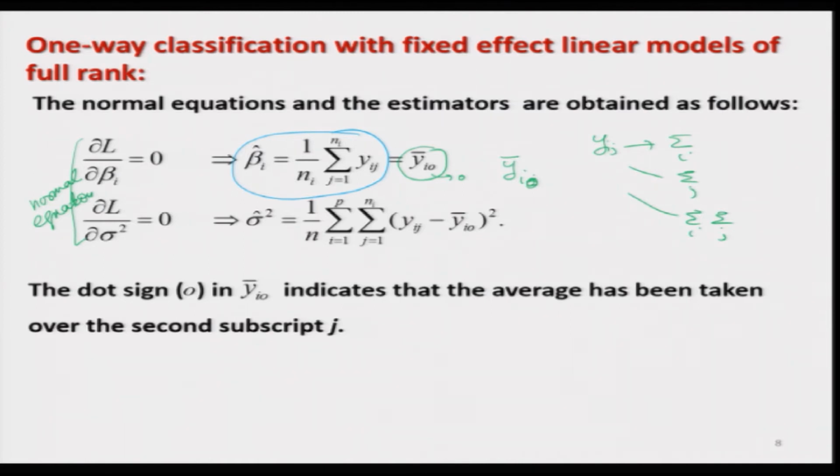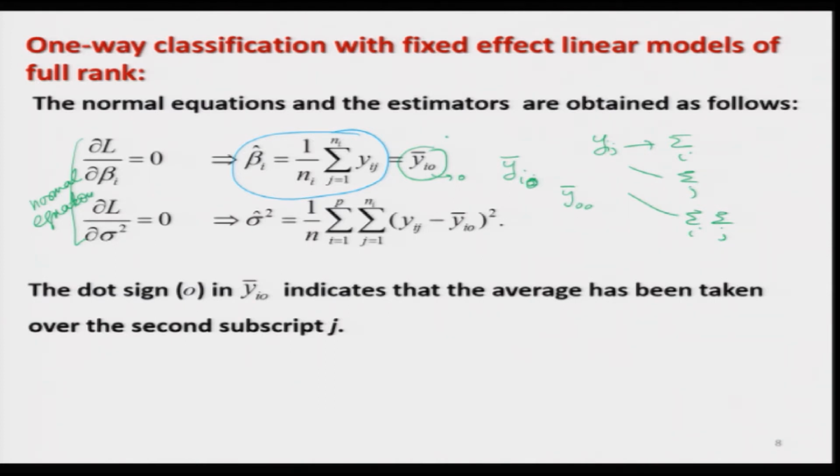Similarly, if I try to take the summation over both I and j, then this will become y bar double naught, meaning that the average has been taken over both the subscripts I and j. So, this is how I am going to indicate it.